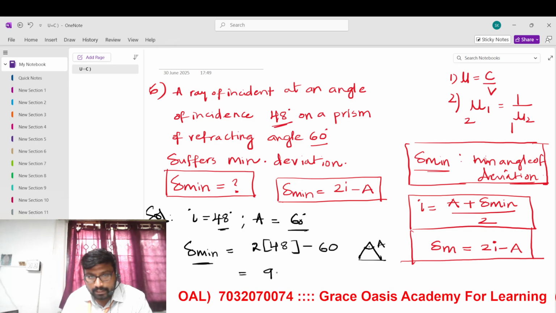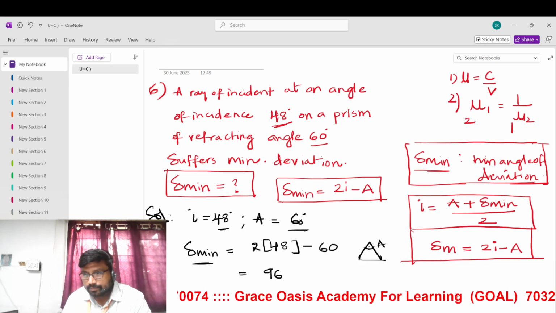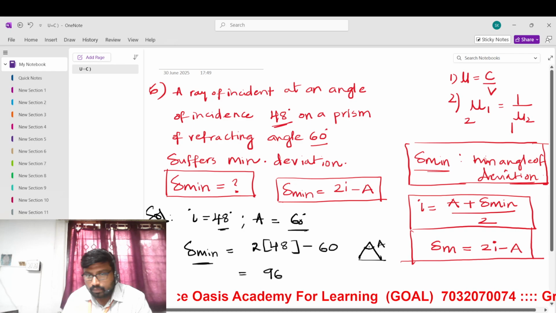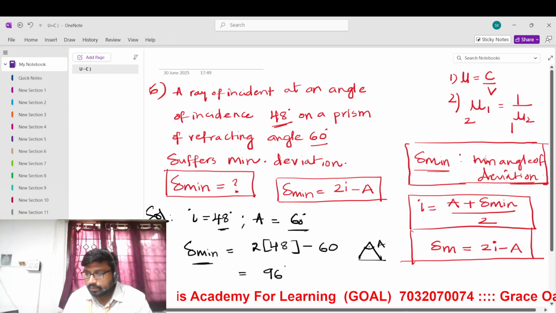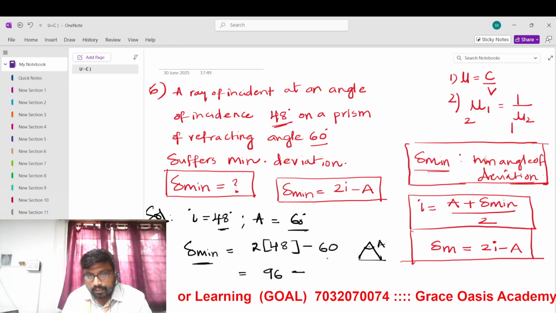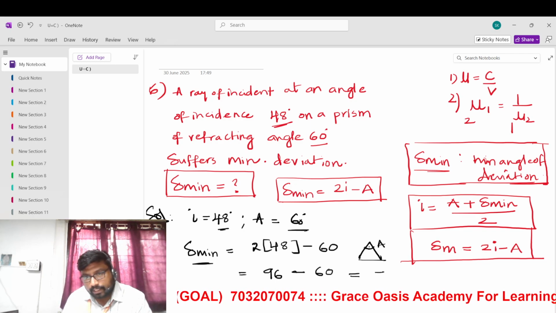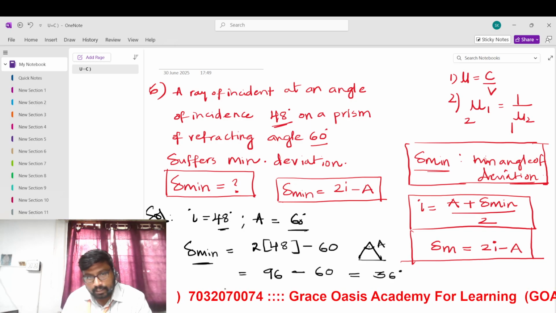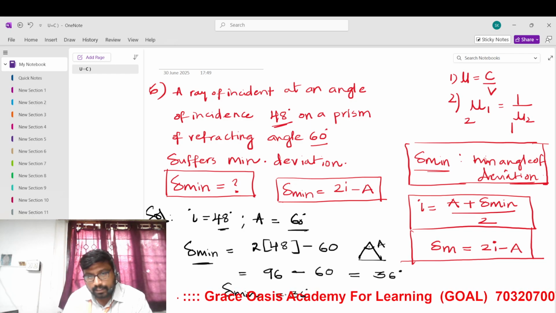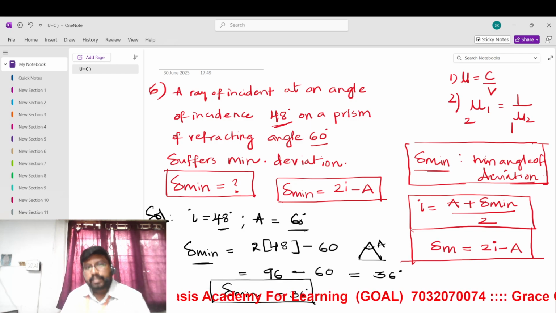So 2 into 48, what's the value? 96. This one is 60. So what is the answer? 36. Delta minimum is 36 degrees. So this is the answer. Write it down, right?